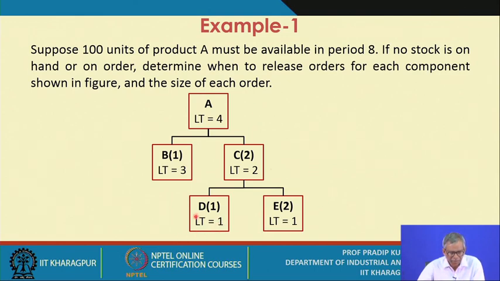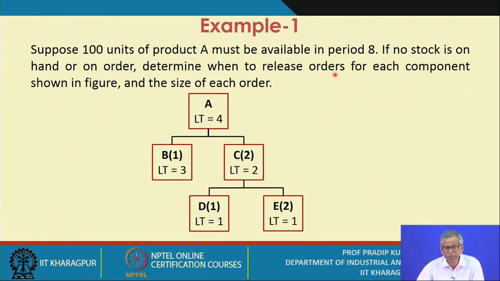Now what is this LT? LT stands for the lead time information. The lead time for item D is 1 week or time unit, and for item E it is also 1. For item B it is 3 time periods, 3 weeks or 3 days, for item C the lead time is 2, and for item A the lead time is 4.